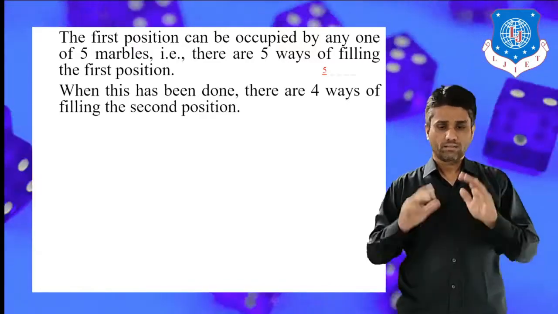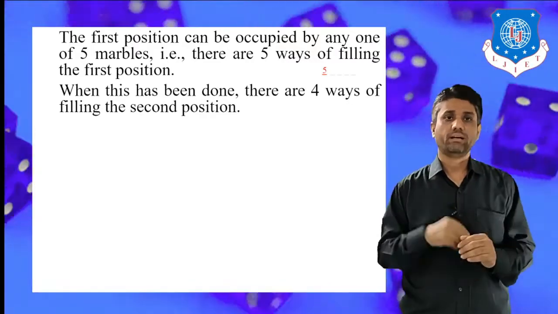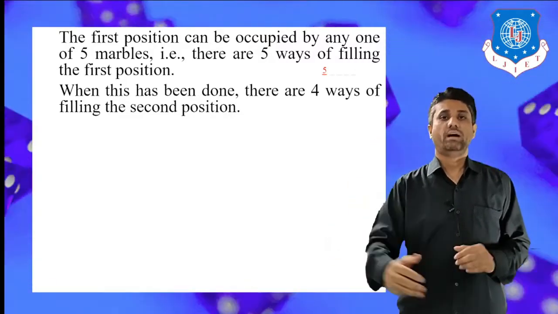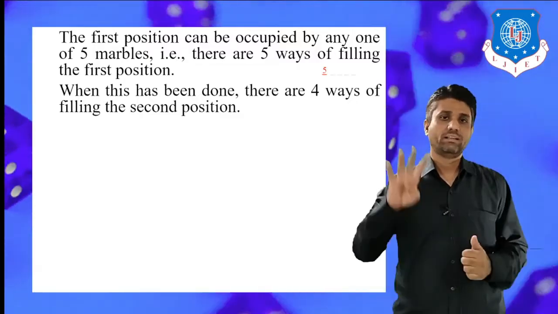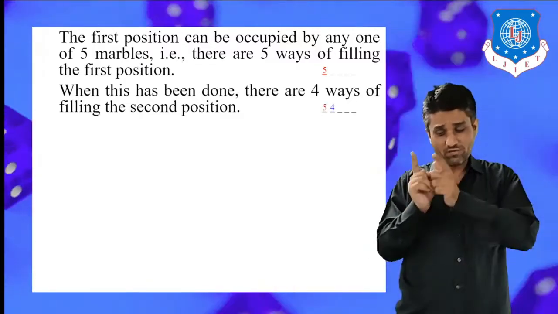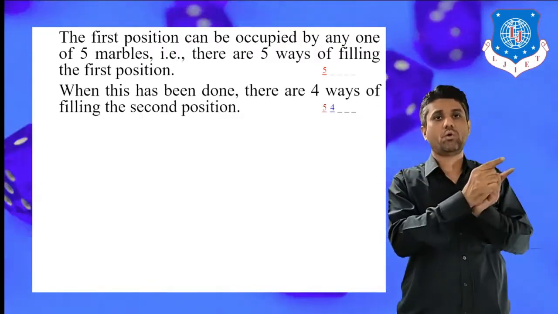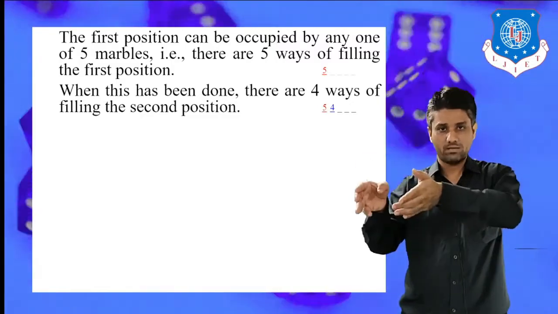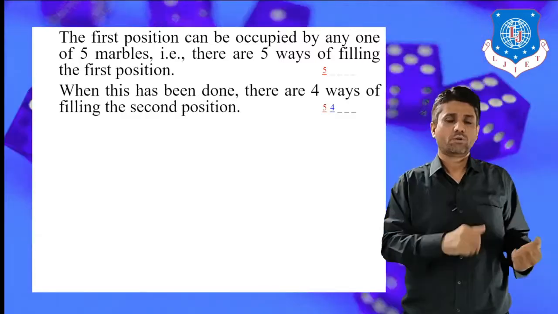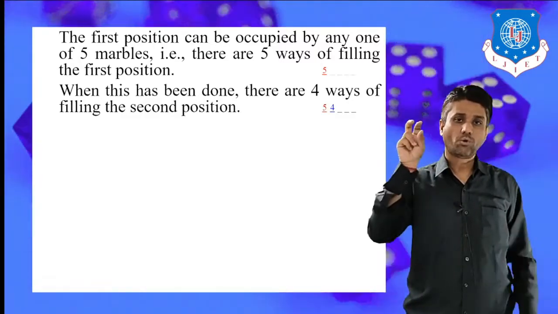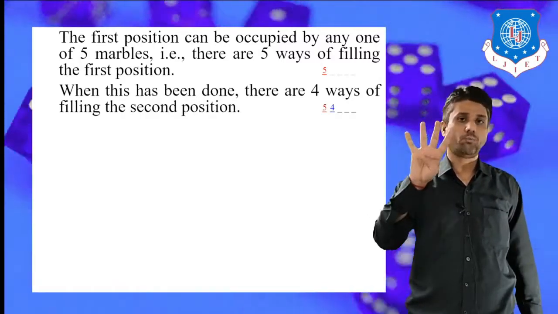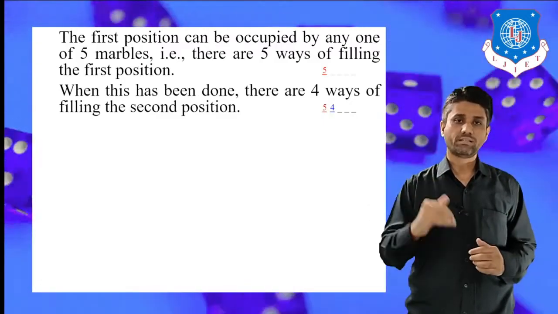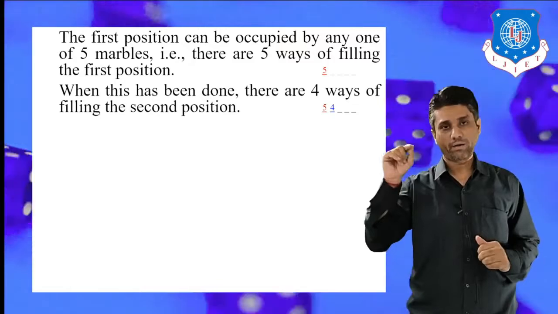Now when the first position is filled, we fill the second position, and there are 4 possibilities. Why is 1 reduced? Because 1 marble is already used. Suppose we selected the 4th marble in the first position, so the 4th marble is removed. So for the second position there are 4 possibilities. So up to this stage we have 5, 4.